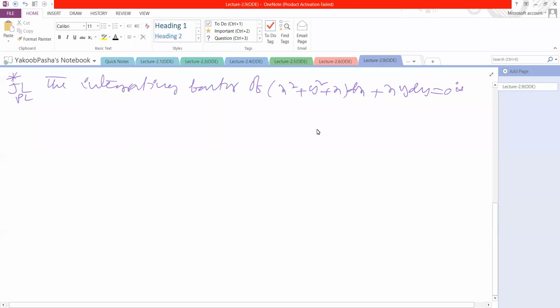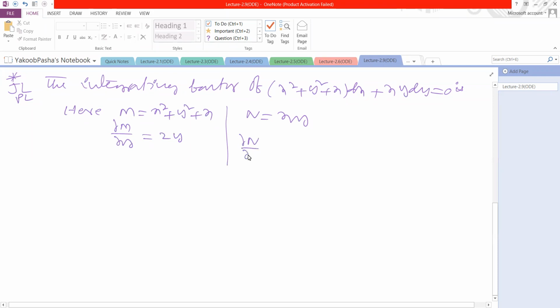Clearly, it is in the form of M dx plus N dy is equal to 0. So here M is equal to x square plus y square plus x and N is equal to xy. First find dou M by dou y, that is 2y, and dou N by dou x, that is y.